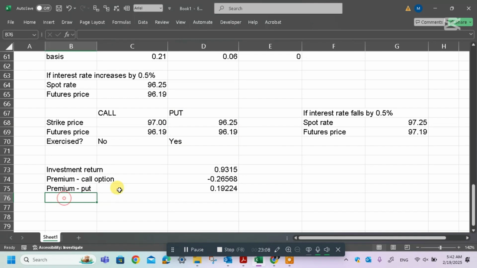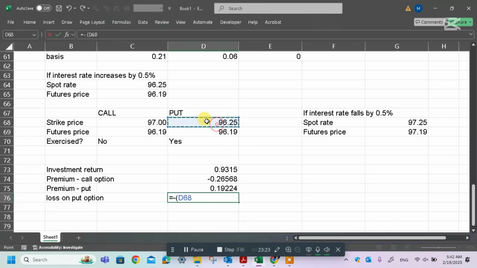So what is the amount you have to pay? So let's say loss on put option. This minus this. That's the rate that you are losing.